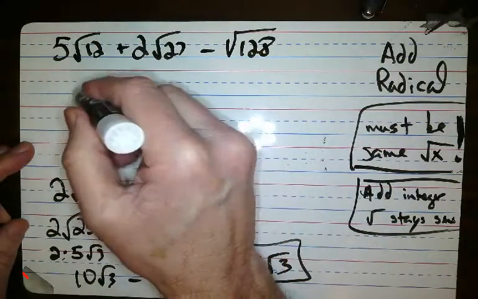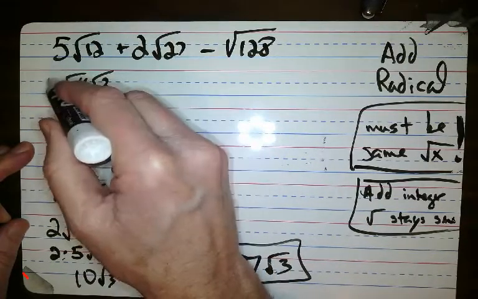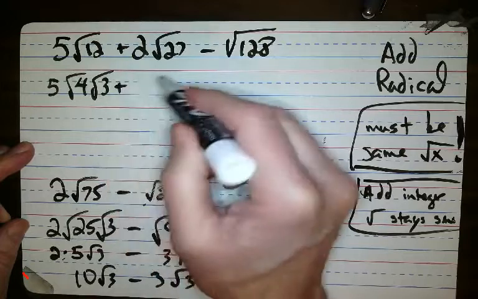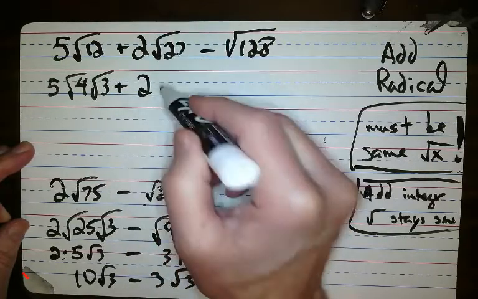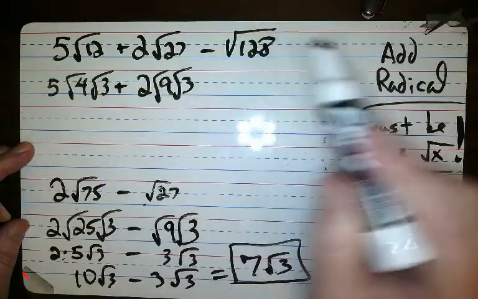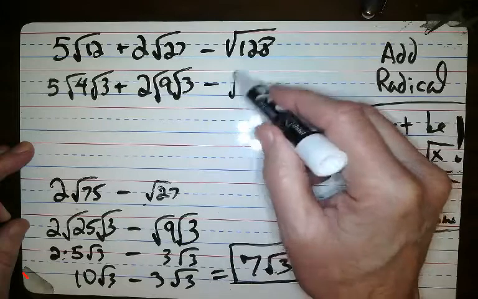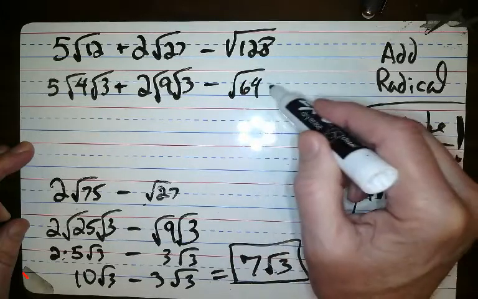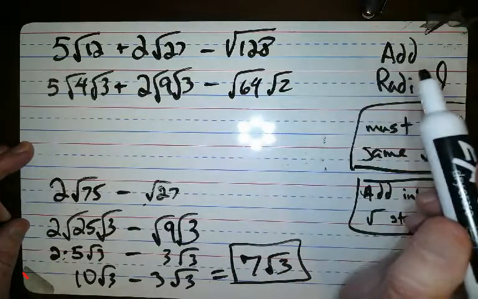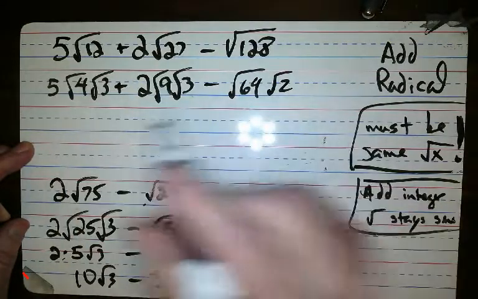So, let's do 5 radical 12 plus 2 radical 27 minus radical 128. Oh boy, can we do it? Well, sure. I know 4 times 3 is 12, and I know 9 times 3 is 27, and I know 64 times 2 is 128. Oh no, they don't all have the same radical, but that's okay.